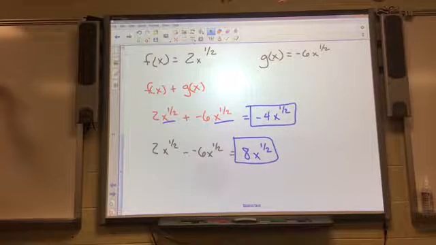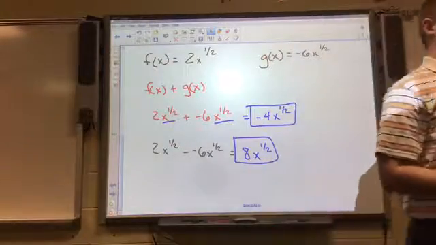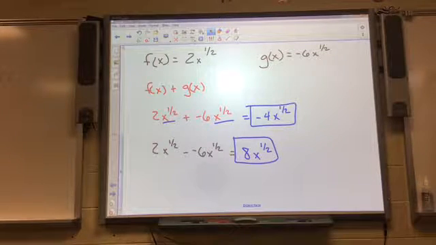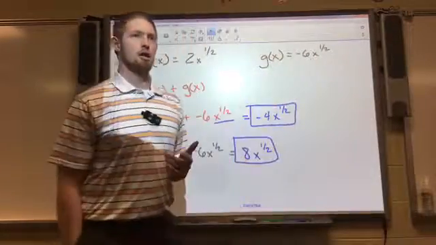Isn't that the same as negative 4 times the square root of x? Can you have a negative under a radical and still be a real number? No. So x has to be what? Positive. Could it be 0 though? So it just has to be non-negative.